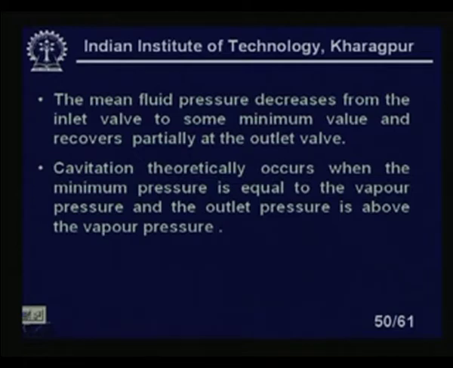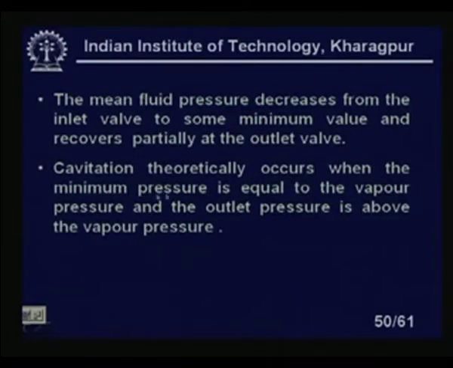Now where does it actually happen? Cavitation theoretically occurs when the minimum pressure is equal to the vapor pressure. When does it happen? It actually happens when the liquid comes in through the inlet, goes through the plug, which makes the control, goes to the seat, and then to the outlet.